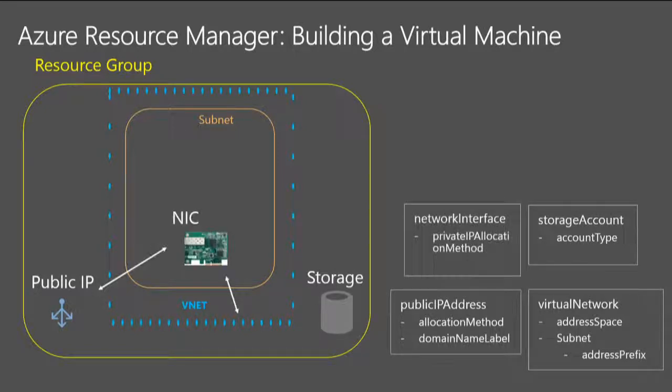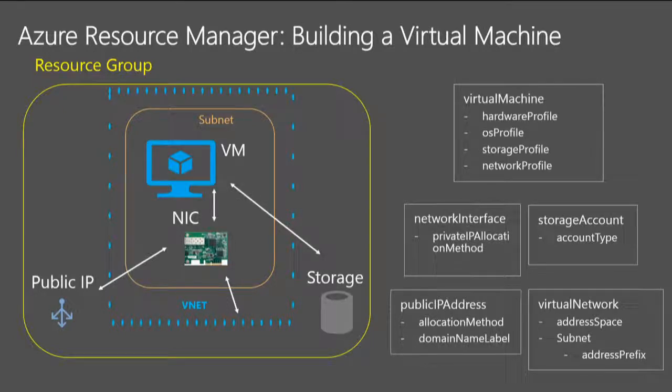And by the way, on the right, this is what the names of the resources look like in the template. So public IP address, virtual network, storage account, network interface. And sorry, I could probably point at both screens in this room. And then, so you've defined all these things. Now you can define resources that depend on them.